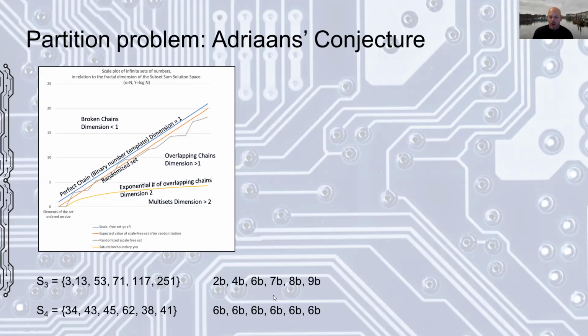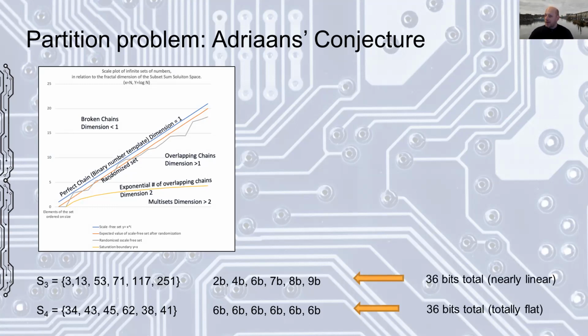And if this is a perfect linear scheme, like 1, 2, 3, 4, 5, etc., Berg Adriaans calls this template the scale-free template. Basically, his idea is that just below this template are the hardest instances of the partition problem. What we have to make clear here is that the number of integers is the same for these two sets.